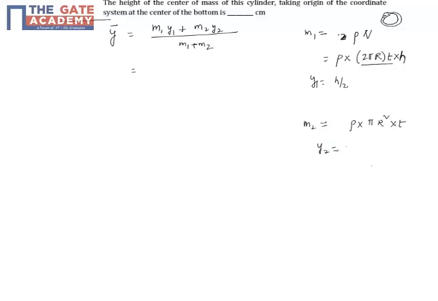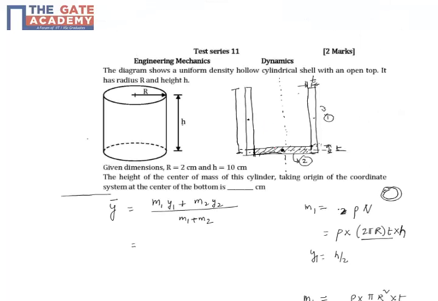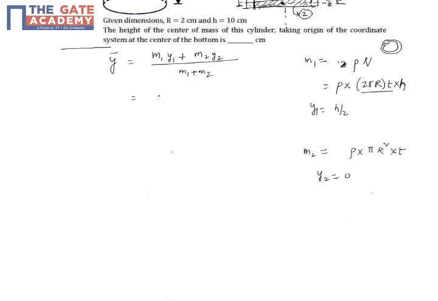And y2 is 0, because your origin for the calculation of the combined center of mass is at the center of mass of disc 2, which is at the center of the disc. So y2 is 0. Now we substitute everything: rho 2 pi r h t into h by 2, plus m2 into y2, which is 0, so we don't write it here.